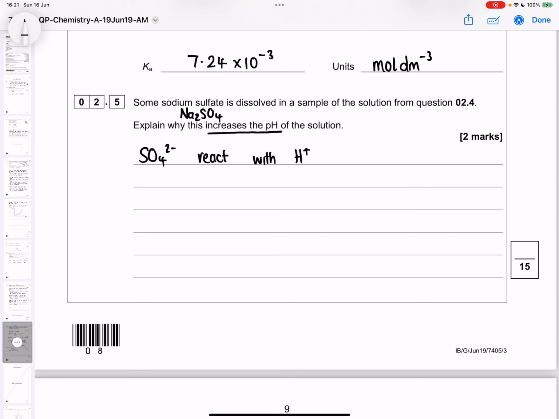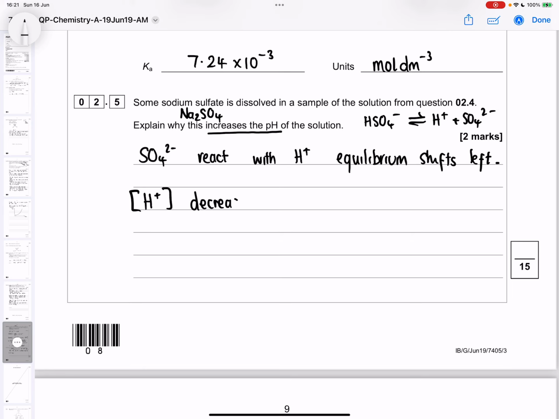If you think back to the equation that you wrote, HSO4 minus in equilibrium with H plus and SO4 2-, the SO4 2- ions react with H plus, the equilibrium shifts left, and the concentration of H plus decreases because you've used it up, so pH increases.